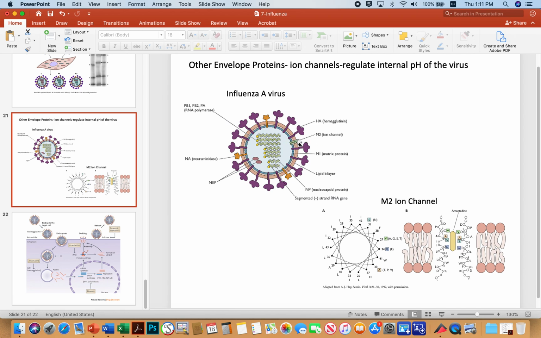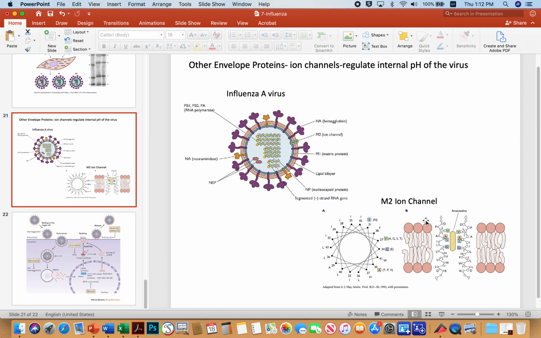So it lets protons from the acidified endosome come in and acidify this internal compartment here, and that acidification allows these spike proteins to change into fusion peptides that allow this membrane to fuse with the host membrane, and so that fusion of membranes allows this virus then to spill its guts into the host. And so you need this M2 ion channel to facilitate acidification of the internal virus core.